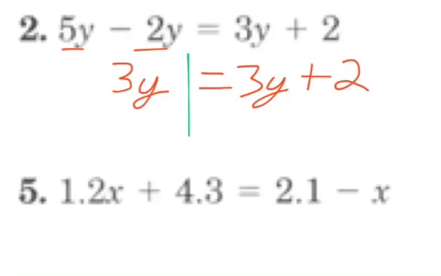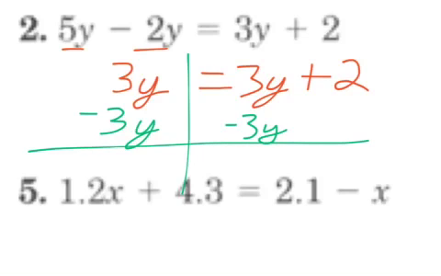I would like my 3y's over on the left, so I would subtract 3y from both sides. What that gives me is that they go away on the right, and you get something really nonsensical: the y terms completely go away and you end up with 0 equal to 2.